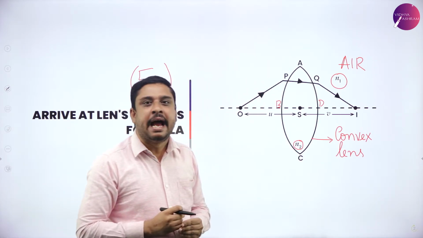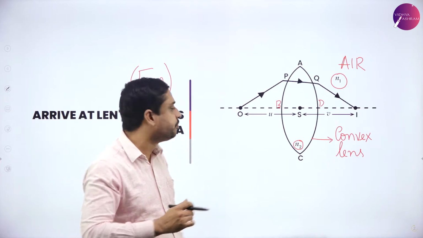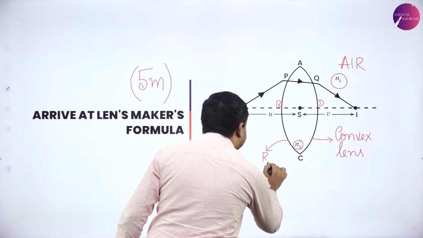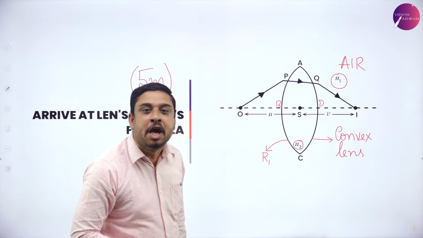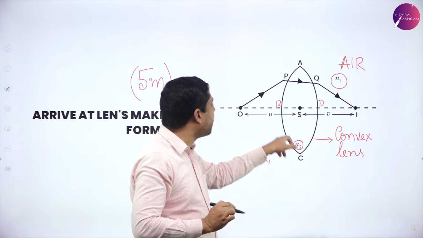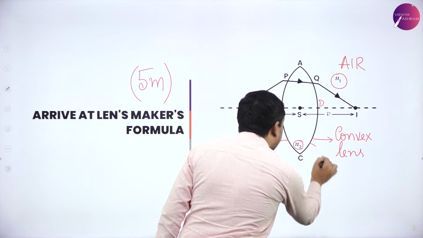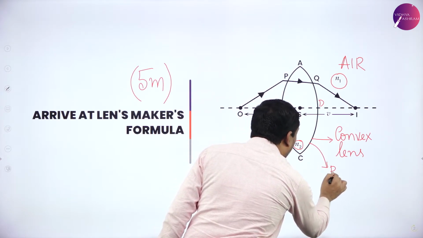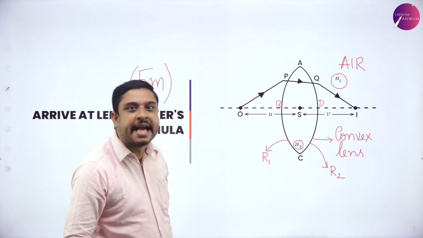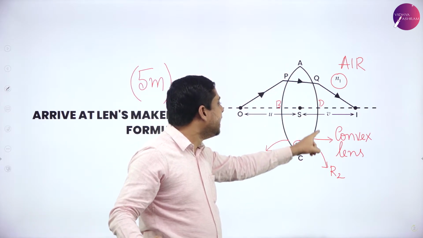So two refracting surfaces, which are they? ABC and ADC respectively. R1 is the radius of curvature of the surface ABC, and R2 is the radius of curvature of the surface ADC.